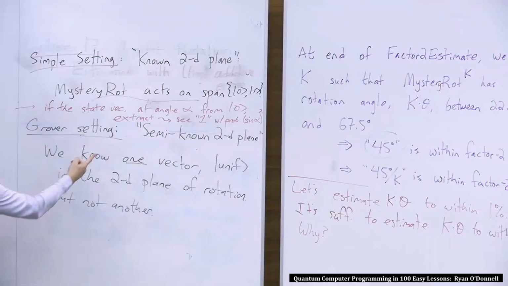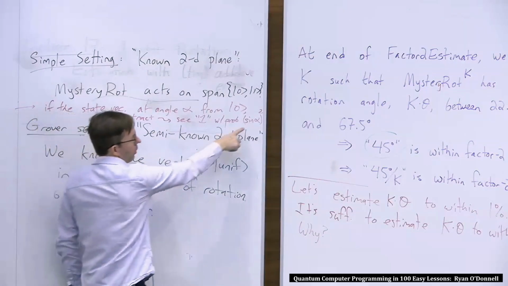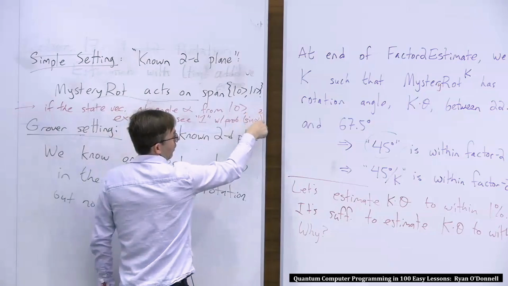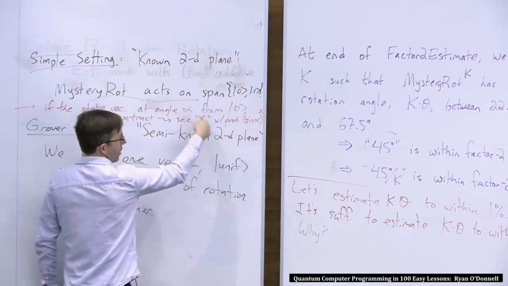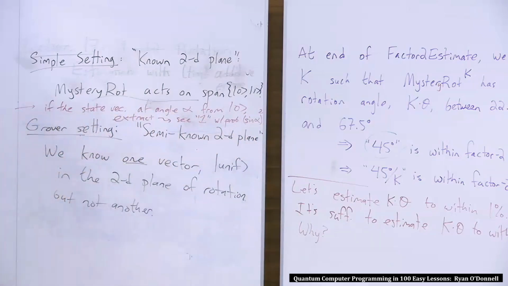Okay, and we made this angle alpha larger and larger until alpha was in the neighborhood of 45 degrees. And so therefore sine alpha squared is in the neighborhood of a half. And so we saw vaguely around 50-50 many ones.